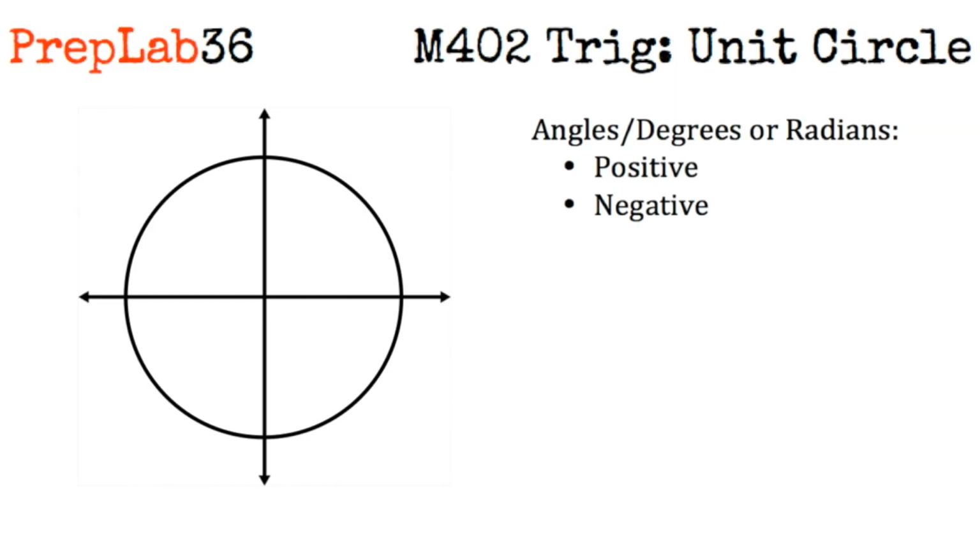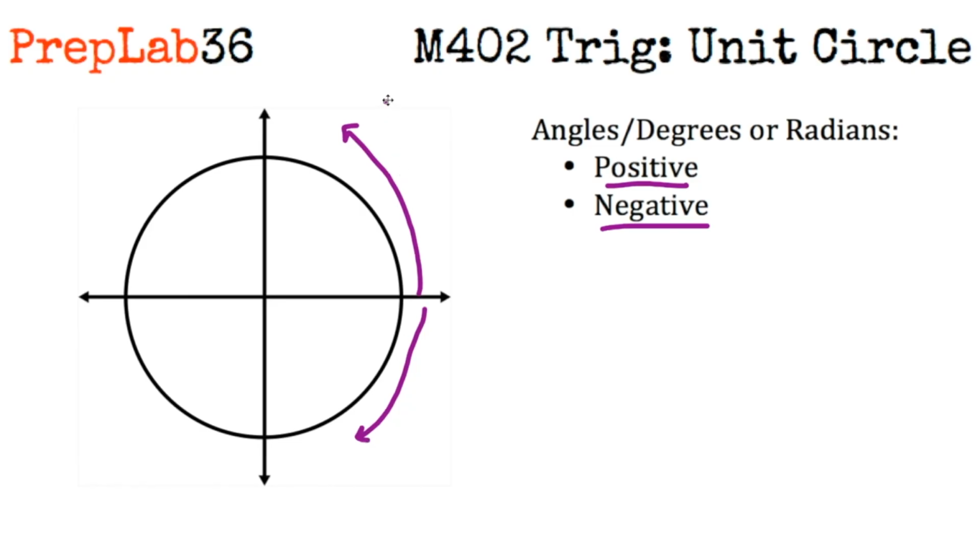Angles in the unit circle can be positive or negative. Positive is counterclockwise. Negative is clockwise. So on the SAT and the ACT, they talk about an angle. So right here, if I said an angle was positive pi over 3, that's the same as 60 degrees.